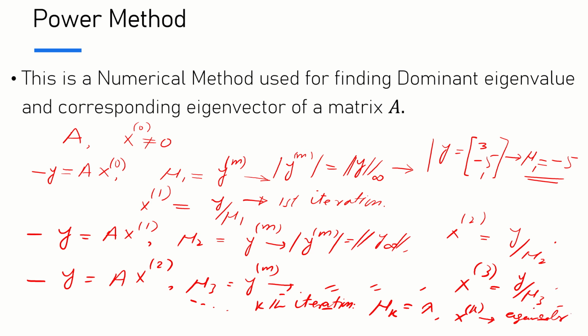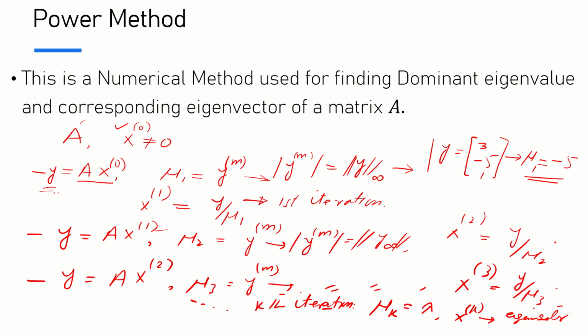Altogether, matrix A will be given, and you choose the initial eigenvector, or it might be given. Multiplying this matrix with the vector x, you get another vector y.